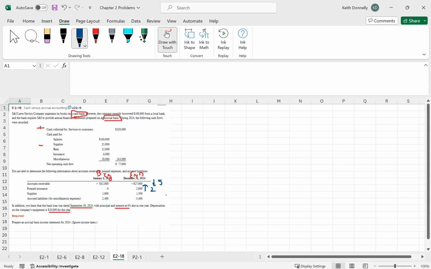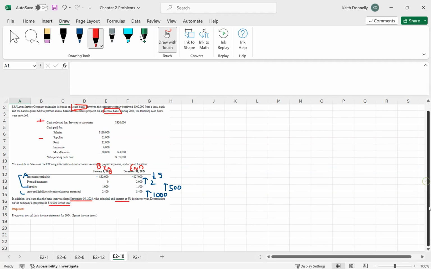We went from 1,000 to 1,500, we went up by 500. And then accrued liabilities, 2,400 to 3,400, we went up by 1,000. Right, so we have assets for these guys, and then liabilities. Did they go up? Did they go down during the period? That's going to help us convert here from cash to accrual.